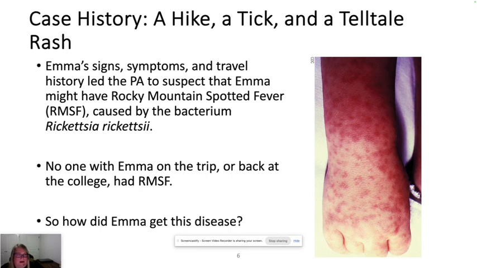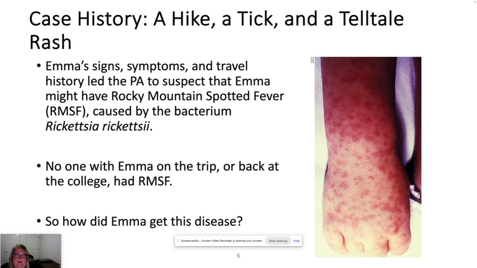Okay, so Rocky Mountain Spotted Fever is a disease that is found in an animal reservoir. So it doesn't make the animal sick, but the animal can carry it. What happens is an insect vector, such as the tick that got on Emma, will take a blood meal from the animal that's the reservoir, and then it will go and find another meal, say Emma, and take another blood meal.